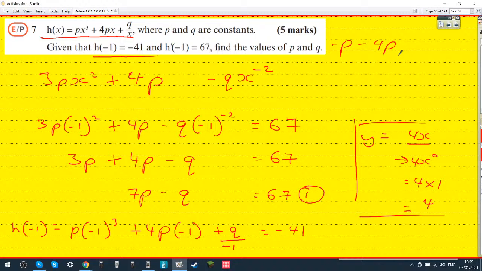Would it just be minus 9? Or minus q, minus p. Oh yeah, q, sorry. Yeah, it's not the easiest. Minus q equals minus 41. Yep.